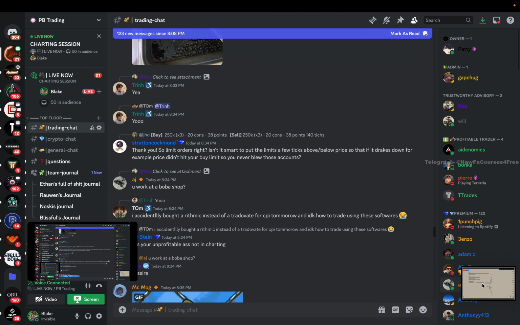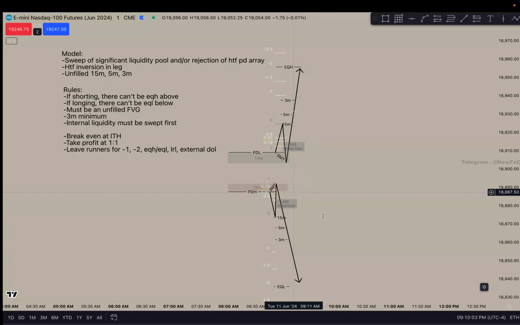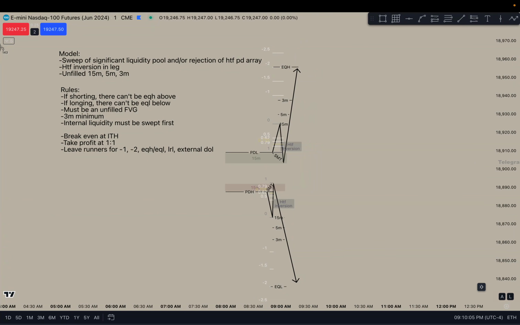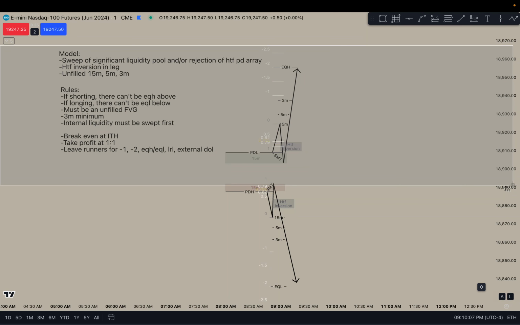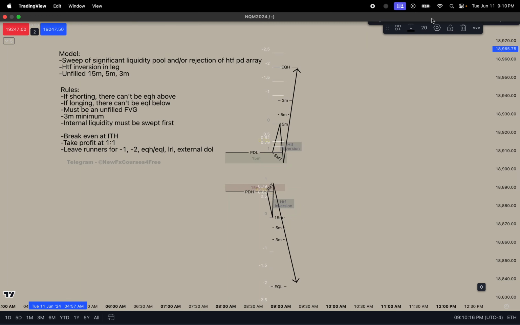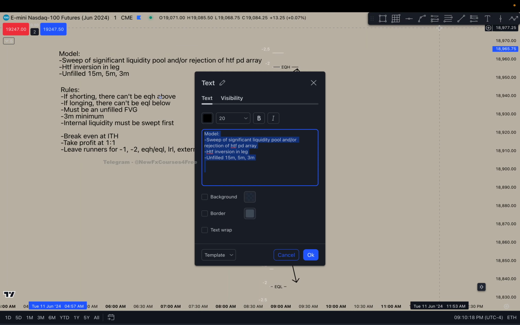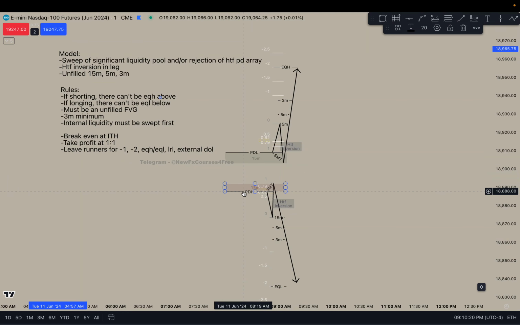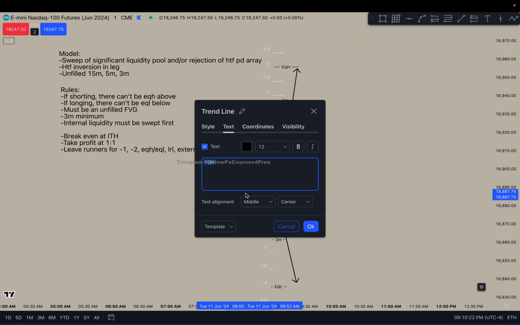Yeah, I'll pin it right now. I just want a name for it though. What do I name it? No, it doesn't have to be previous day high. Wait.